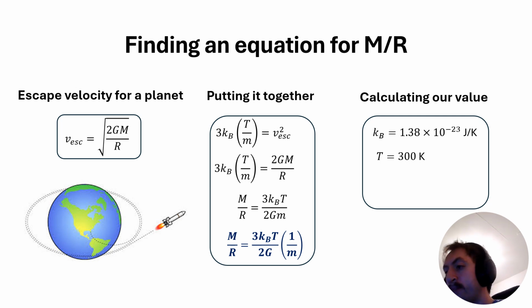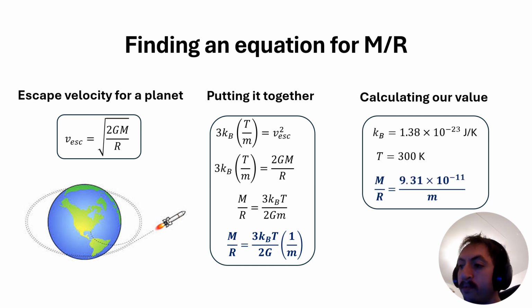So about room temperature is a good approximation, and if we put those into our constant of proportionality, and also remember that G is the universal gravitational constant, about 6.67 times 10 to the minus 11, we end up with our constant of proportionality being 9.31 times 10 to the minus 11.